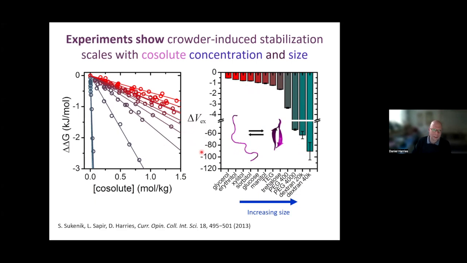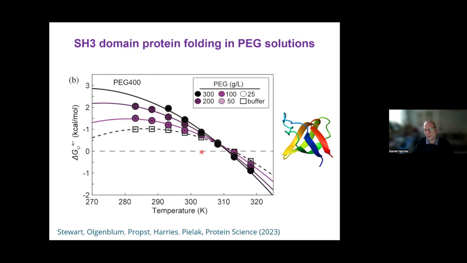The problem starts sometimes, not always, when we think about whether or when we try to test the idea that this effect should be entropic. And for that, I'm using now the example that Gary showed for the SH3 domain in the presence of these different polyethylene glycols, and the folding and unfolding of this protein shows different kinds of dependence with temperature for conditions that include different amounts of the polyethylene glycol.